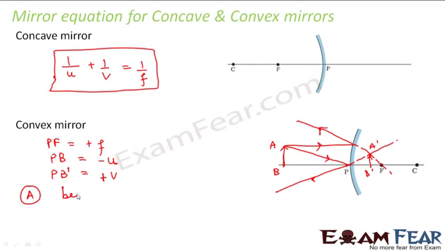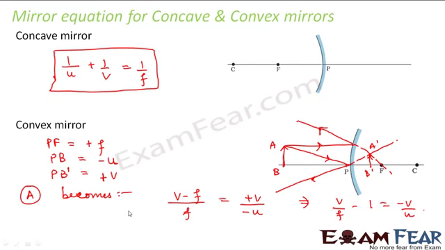Equation A becomes V minus F divided by F is equal to plus V divided by minus U. So when you solve this, you again get V by F minus 1 is equal to minus V by U. So dividing throughout by V, you get 1 by V minus 1 by U is equal to 1 by F. So considering the sign convention for a convex mirror, you see that the mirror equation carries a negative sign with U.